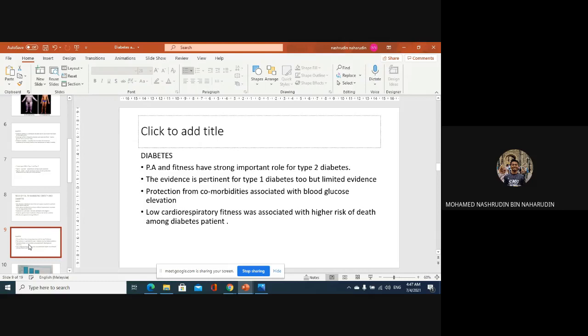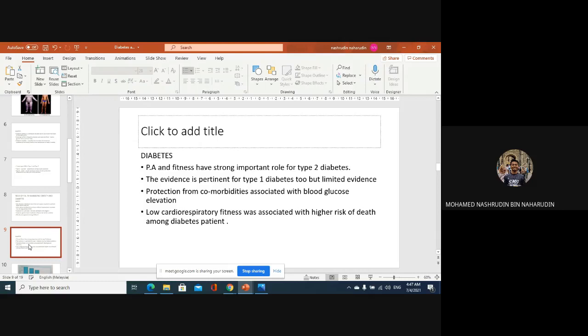Because for those with type 2, there's still a physical activity role that can improve the degree of insulin sensitivity, hence improve glucose absorption into muscle tissue or other tissue in the body.